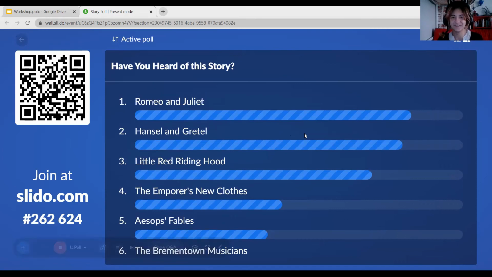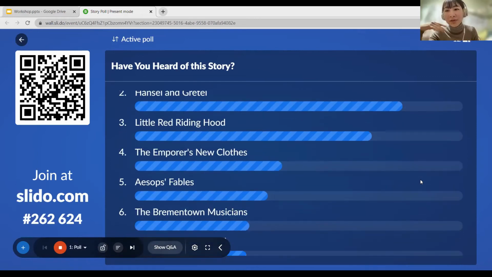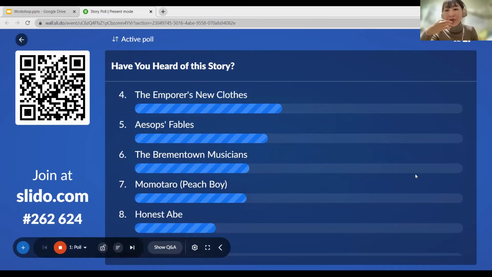So also what's interesting is, when I was looking at this, I barely knew any of the stories that we had, just the top 3 perhaps, and of course Momotaro, which is a really famous story in Japan about a boy who's born from a peach and goes and fights ogres.